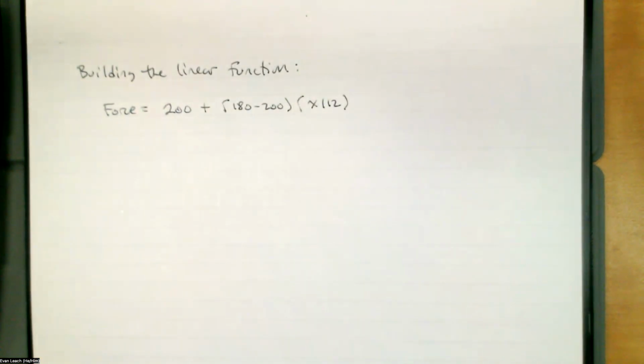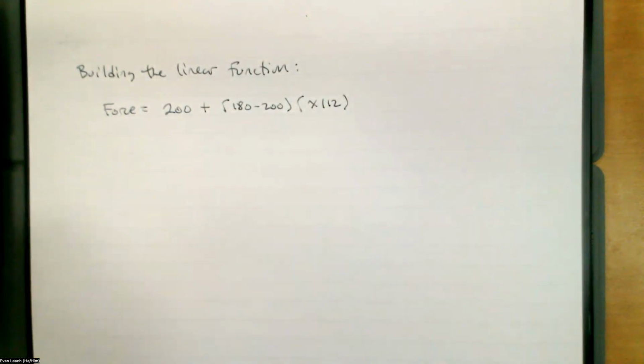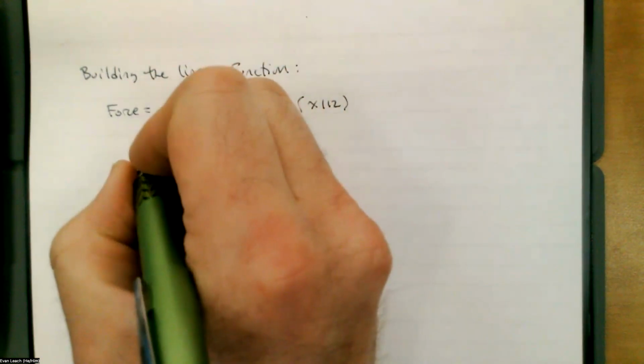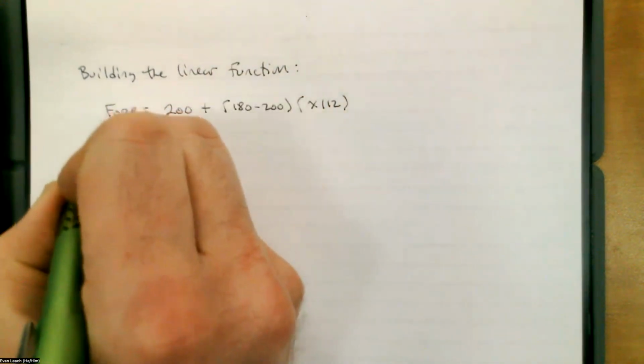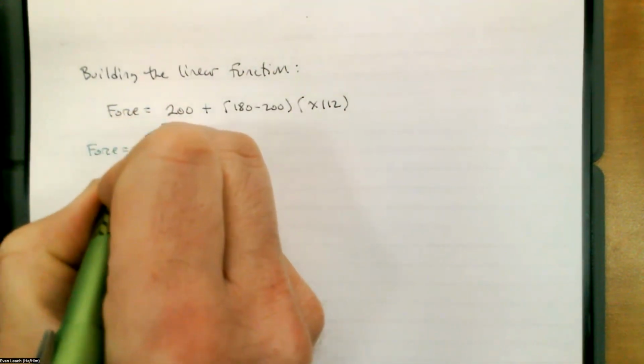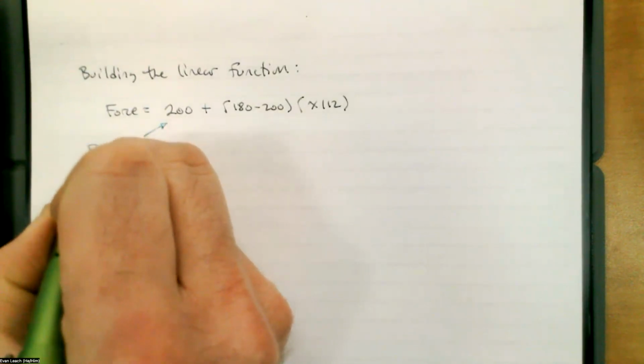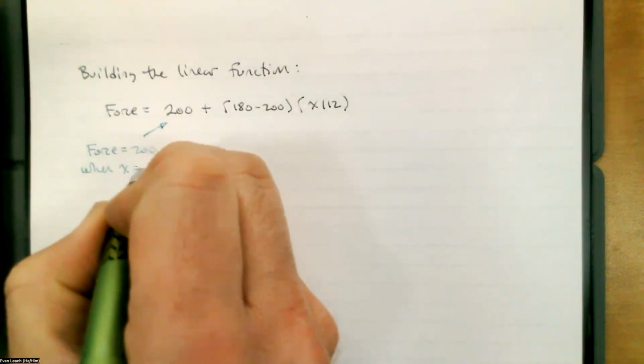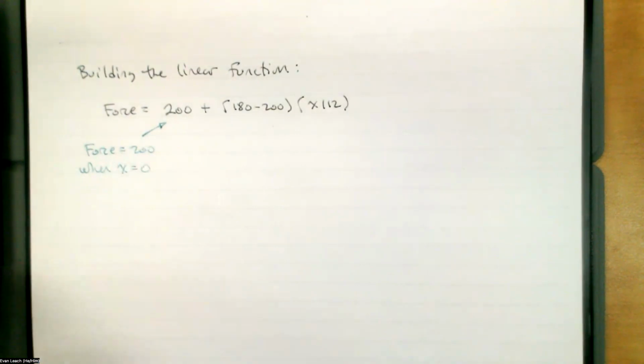So that's what's going on with the linear function. We want to start with 200. When x is equal to 0, I want the force to end up at 180. So I want to add 180 minus 200.